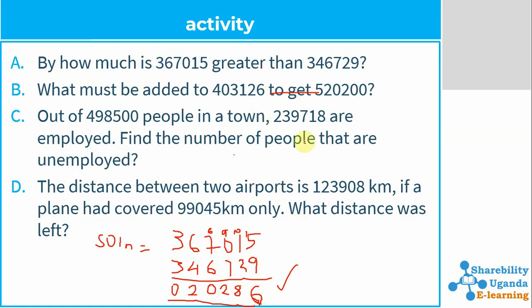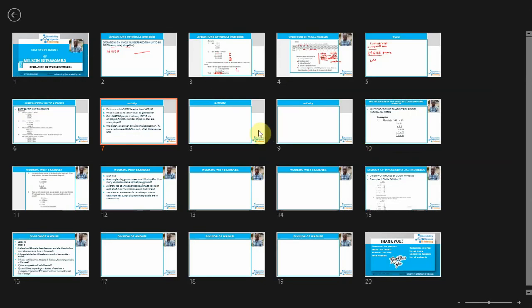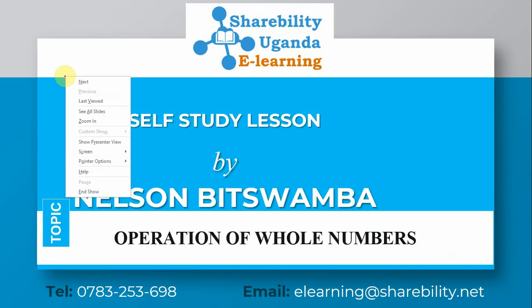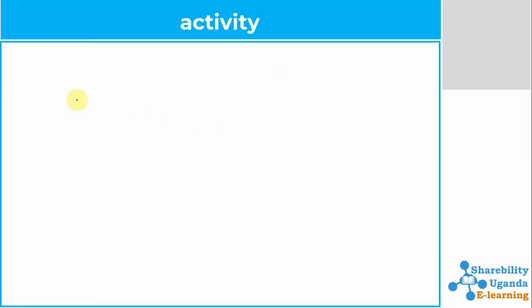So this is 520, then 200. Let's do it from here. We are having our 520, this is a 0, and then we subtract the 200.